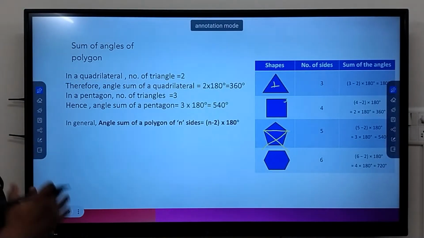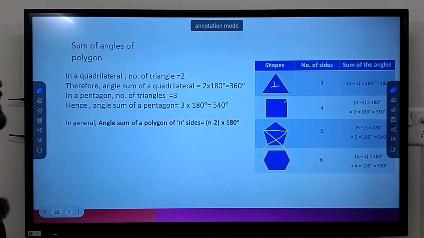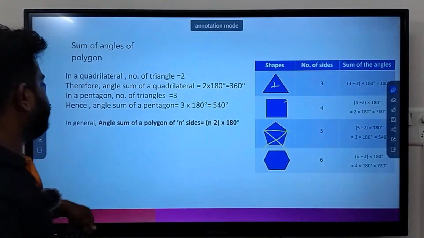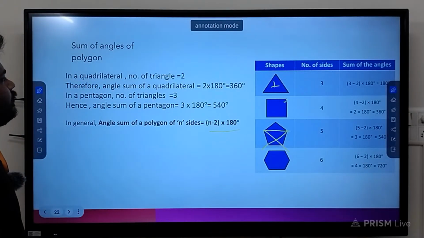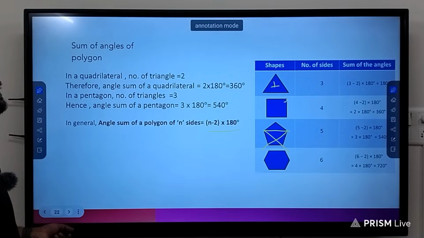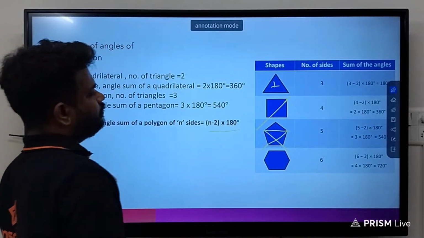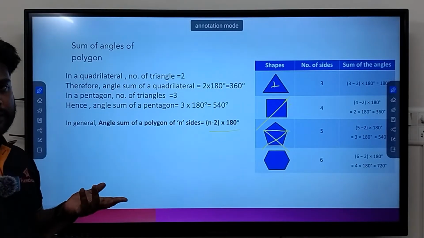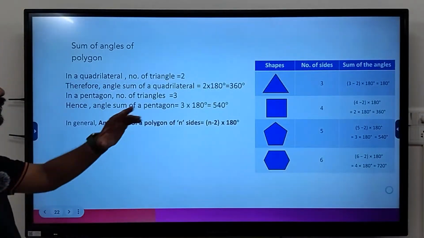You can also draw the diagonals to separate it, and the number of sides is 5. The sum of the angles will follow the rule n minus 2 into 180 degrees. In a quadrilateral, the number of triangles will be 2, 1 and 2, so if I separate it, it will look like this. That's why they all follow this rule.